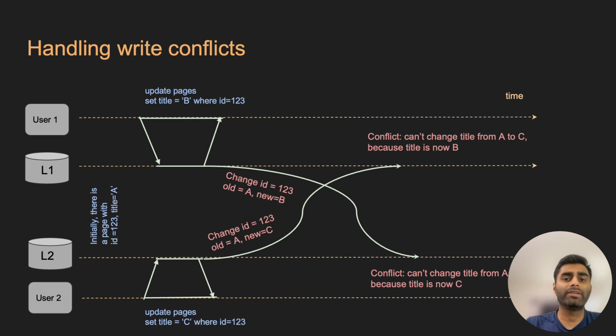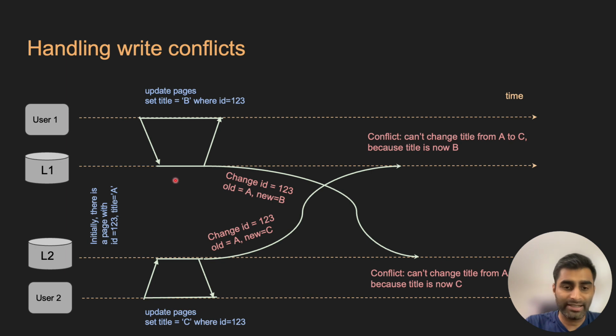The biggest problem with multi-leader replication is that write conflicts can occur, which means that conflict resolution is required. For example, in this diagram, consider a wiki page that is simultaneously being edited by two users. User 1 here changes the title of the page from A to B. So it sends an update request to this leader here. And user 2 simultaneously updates the title of the page from A to C, and this is happening at the same time.